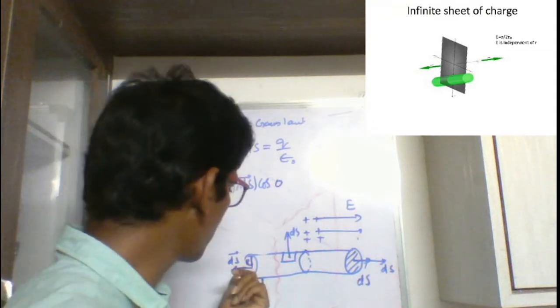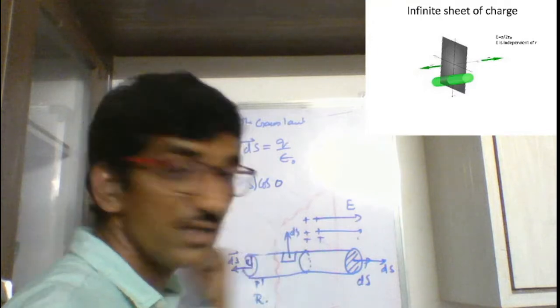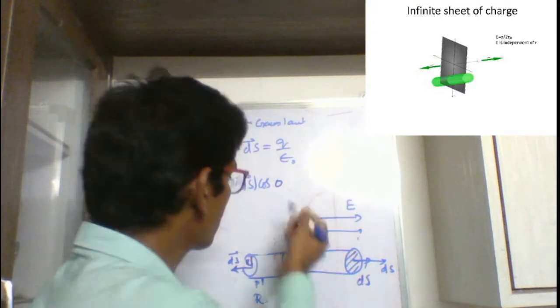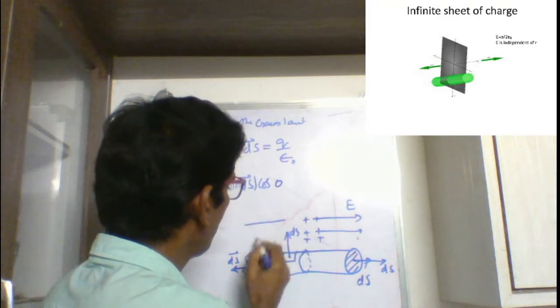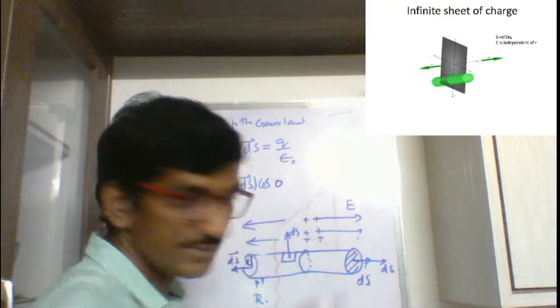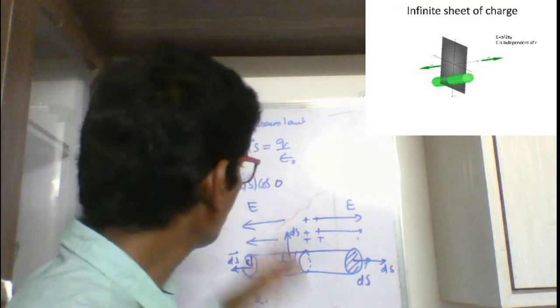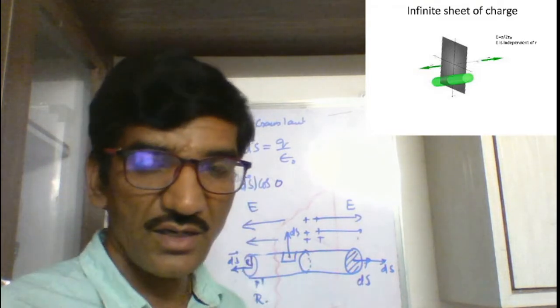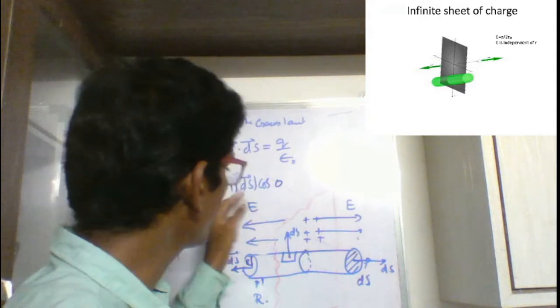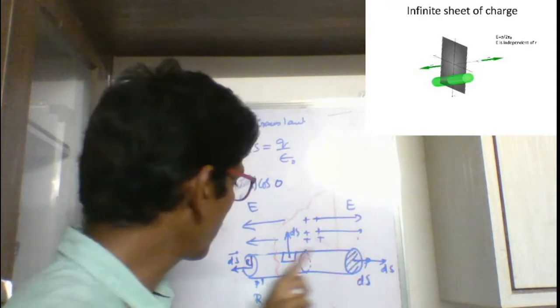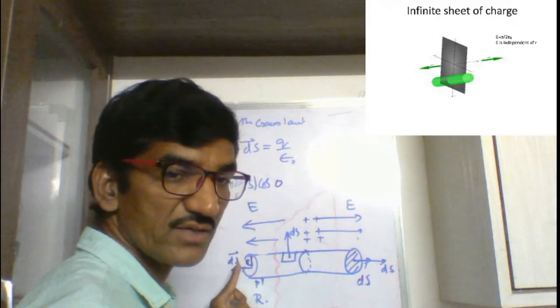On this side also your ds is parallel to this E vector, because on this side also you have field lines like this. So how many parts are there in this integration? For this surface, you have to calculate one integral.